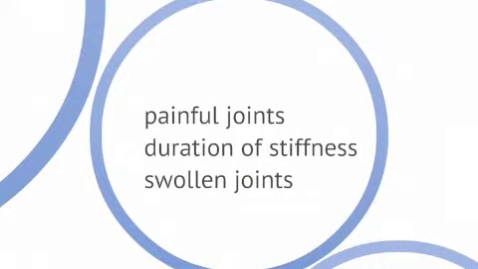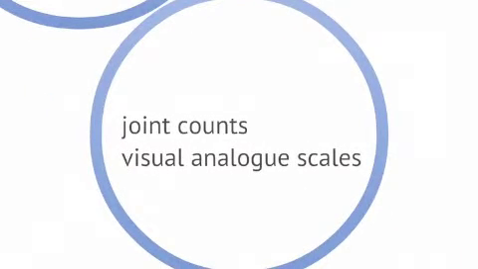Now, in patients with peripheral arthritis, the number of painful joints, the duration of stiffness, and the number of swollen joints can either be noted casually or on a score to give an indication of the patient's disease activity. There are formal joint counting strategies and visual analog scales that can be used for this purpose.